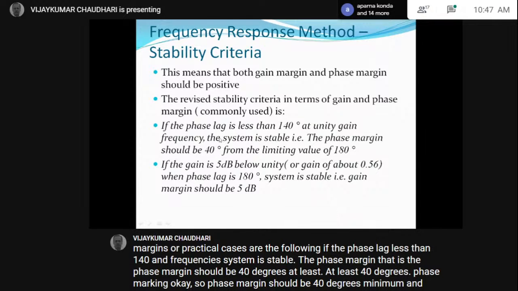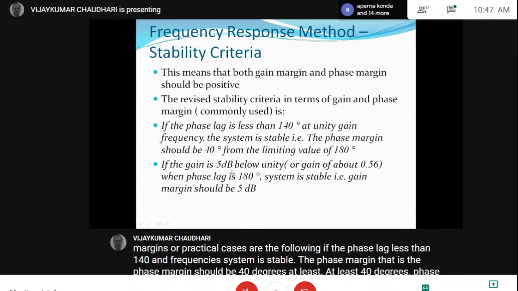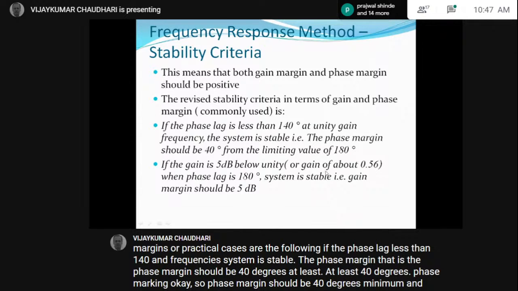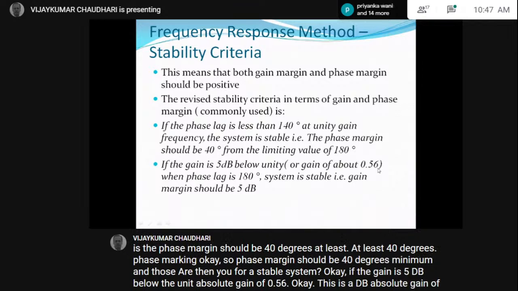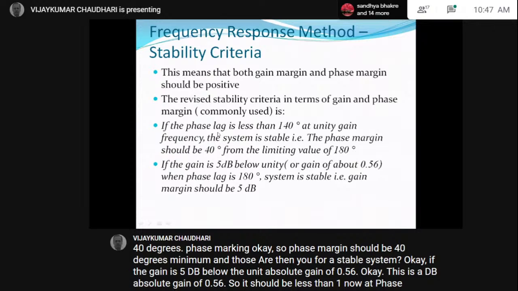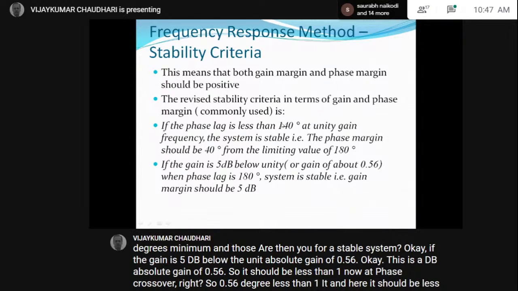Okay, if the gain is 5 dB below unity, that is an absolute gain of 0.56, it should be less than 1, no? At phase crossover, right? So 0.56 is less than 1, and here it is for 180, so it is 140 phase lag.